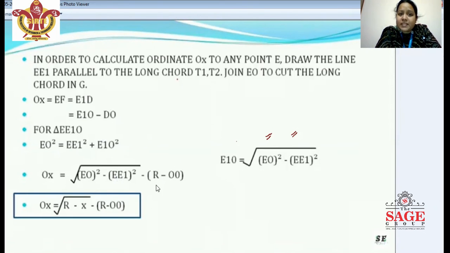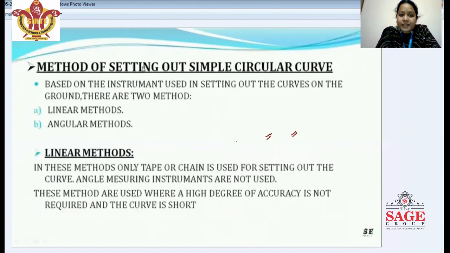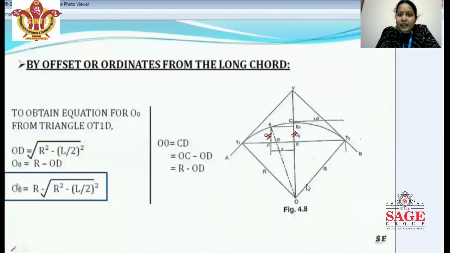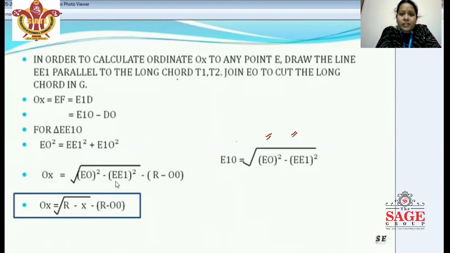D to O is simple, R minus O node. So simple, OX equals, we solve this equation and put the value of EO whole square as R square, and E1, that distance, is X. In this diagram you can see that distance is X. After putting all these values, we find the OX ordinate from this equation.